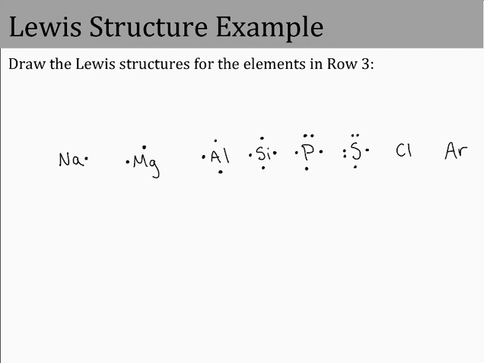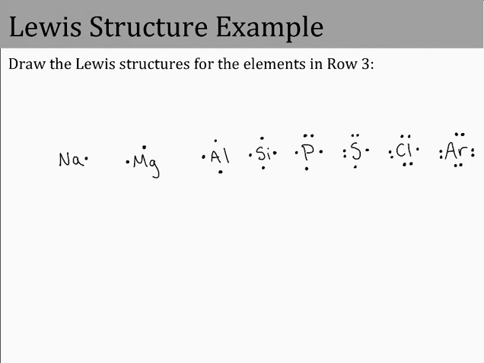And then chlorine has seven valence electrons because it's in group 7A. So I'm just going to go clockwise again and then pair up my last three electrons. And then argon has 8 electrons. It's in group 8A. So I'm just going to start at the top, move my way around, and all of the electrons will be paired.